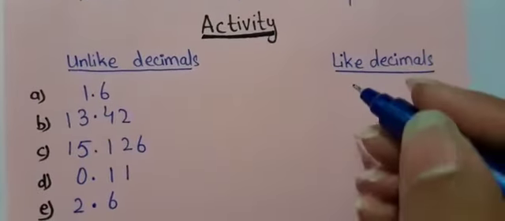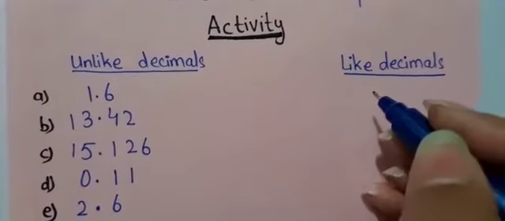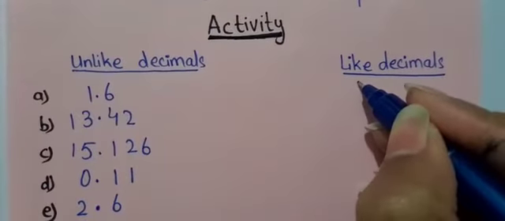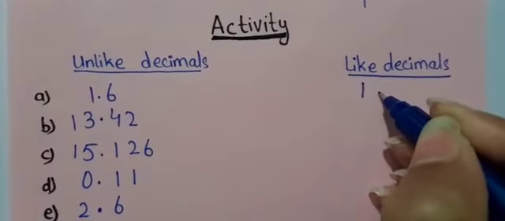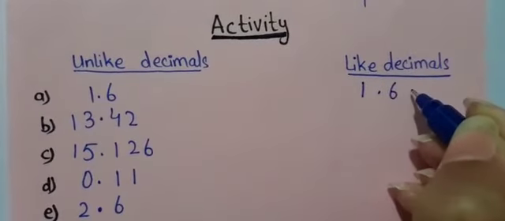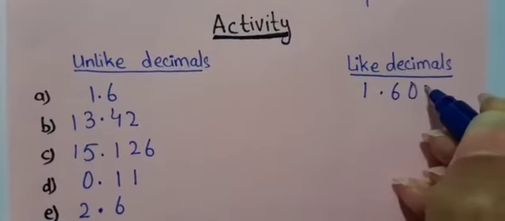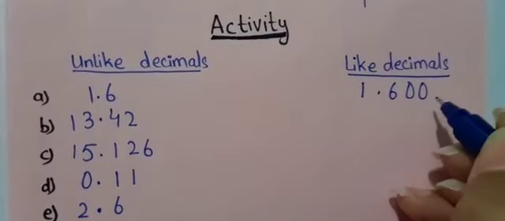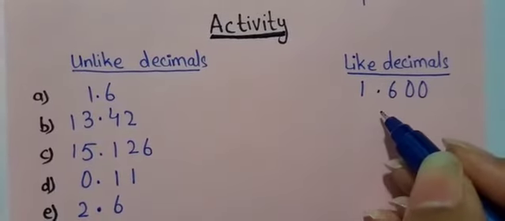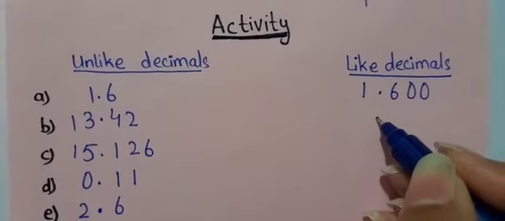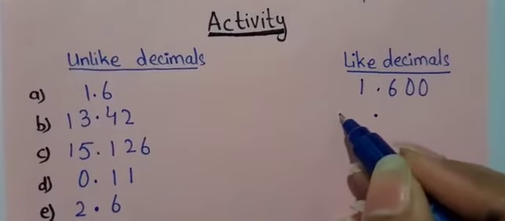Now boys, I am writing the unlike decimal 1.6 into the like decimal. I will write 1.600. Now it has 3 decimal places. So I have to make sure I should write every decimal point under decimal. Okay.